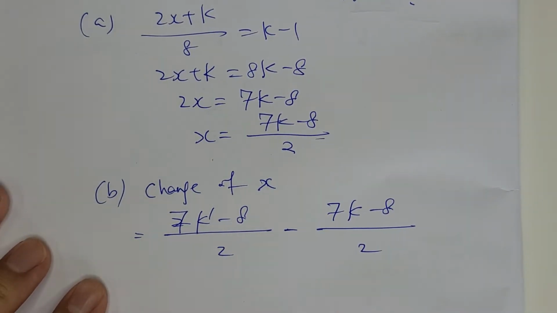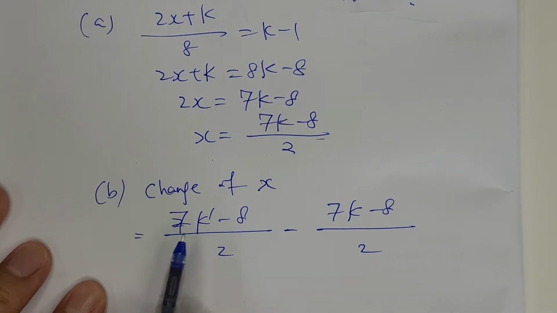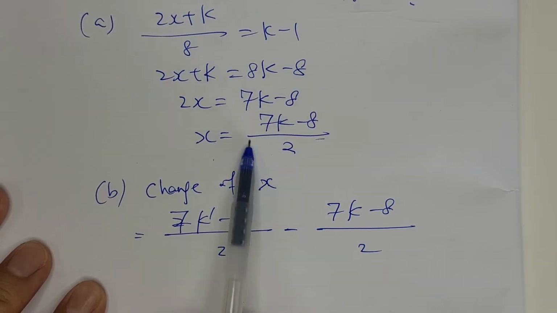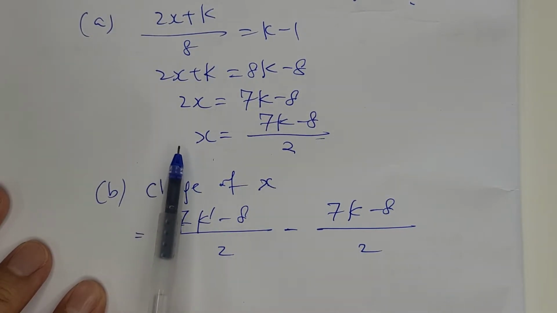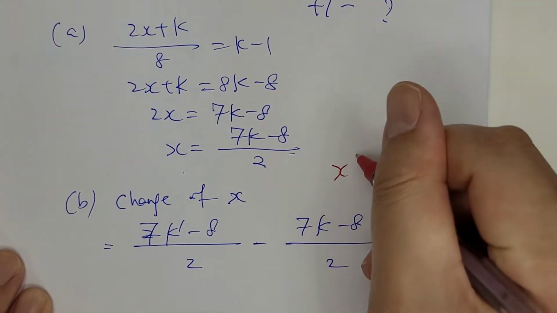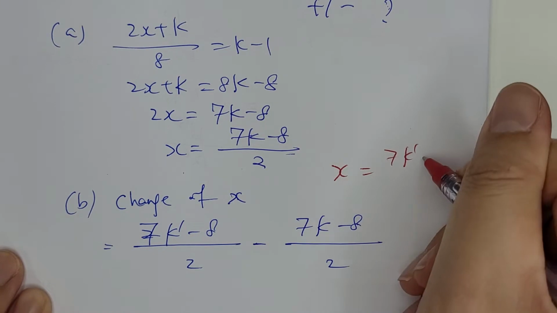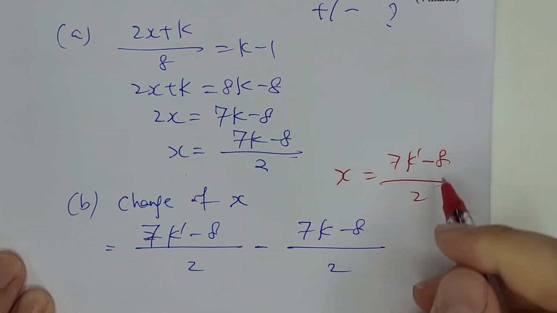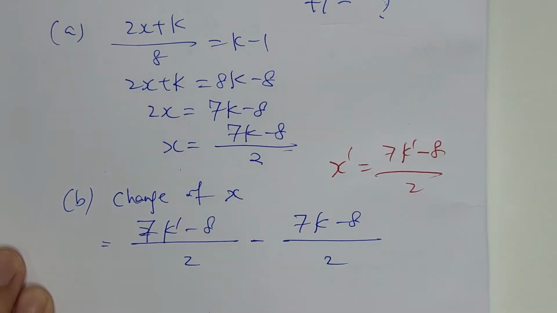But what is the meaning of the new value of x? That is, when k becomes new, then you substitute inside the formula, it will give you the new x. Simply say, if you substitute the new value of k inside the expression, then you get the new value of x.